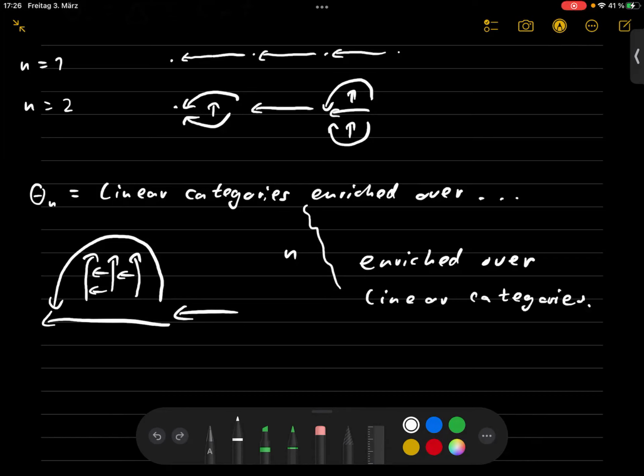So, for example, the end part is here. Let's count it: 1, 2, 3, 4 category. So this is in theta 4.